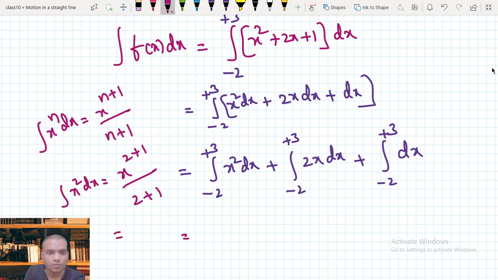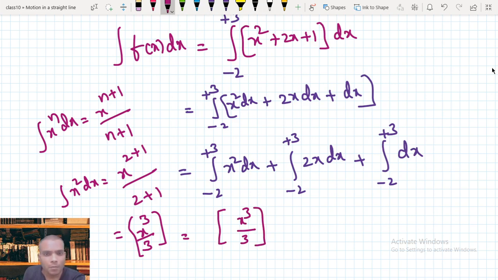If I simplify, x power 3 upon 3. Now I did the integration, so our integral operation is over, but we need to substitute the limits. So we need to write the limits like that, lower limit and upper limit.